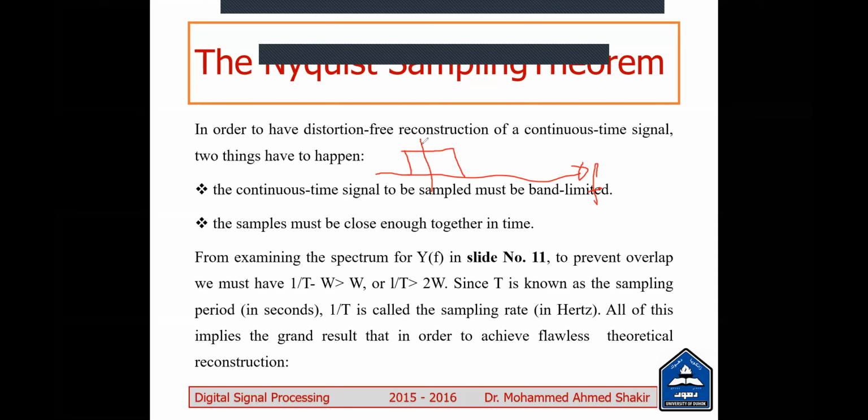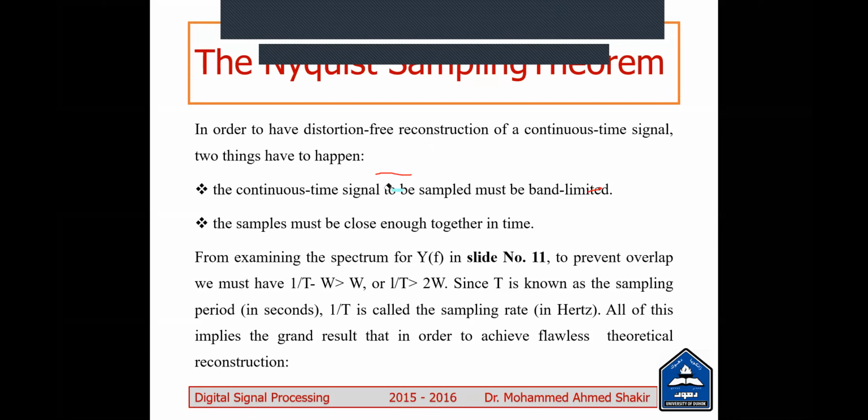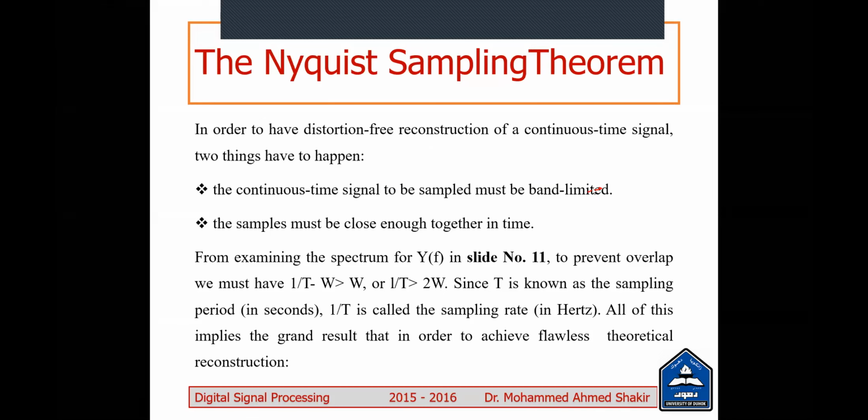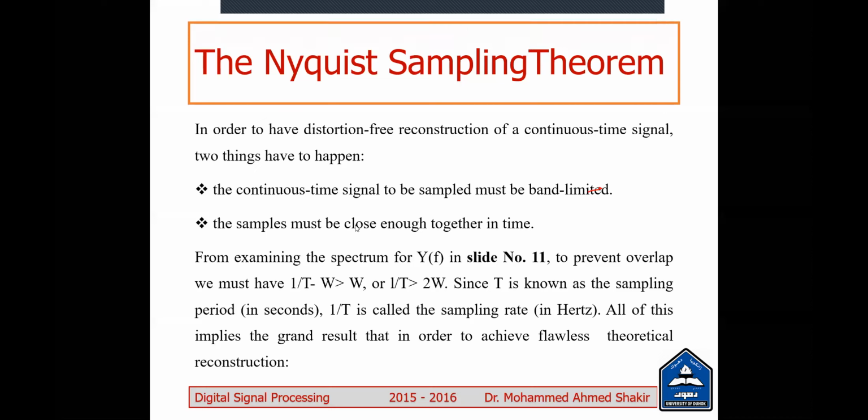So this will be the first condition: the continuous time signal to be sampled must be band limited. Second condition, the samples must be close enough together in time. What do you mean by this one?